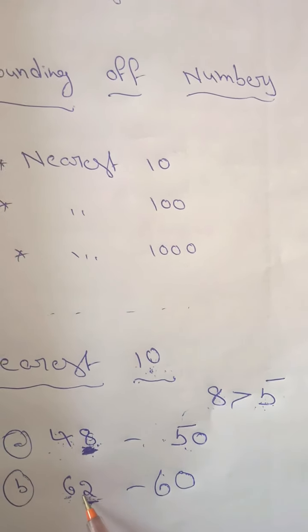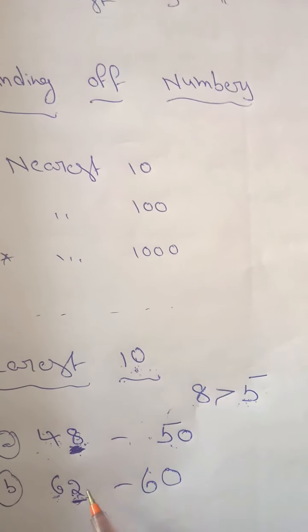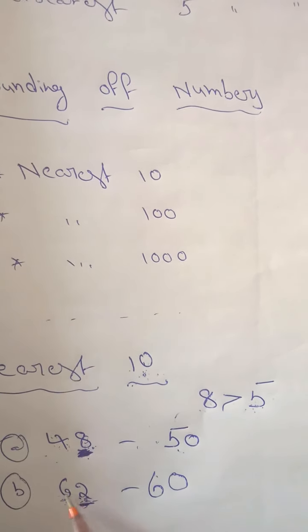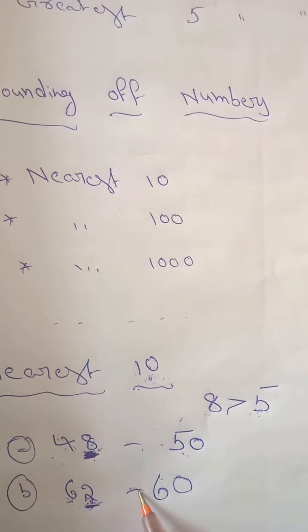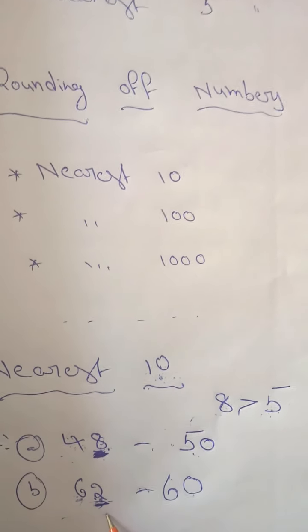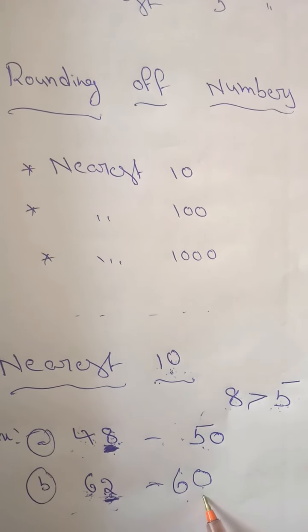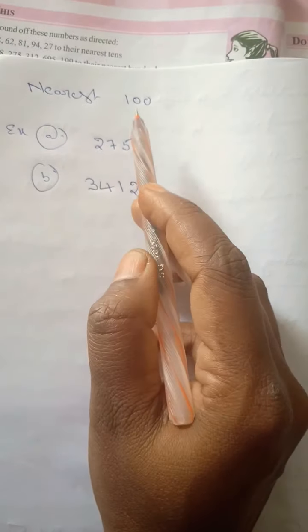Whenever the digit we compare is less than 5, the digit before it does not change and the ones place digit becomes 0. So 62, nearest to 10, is 60. Clear, children?